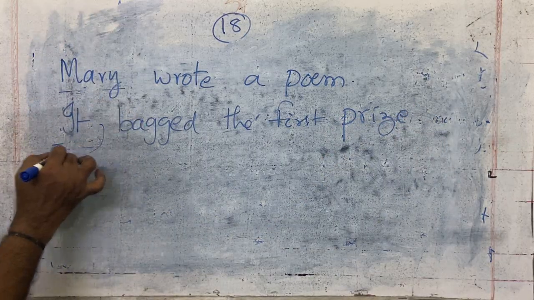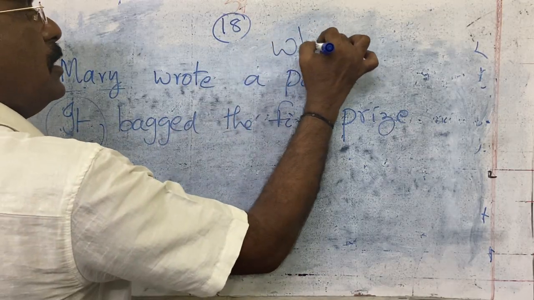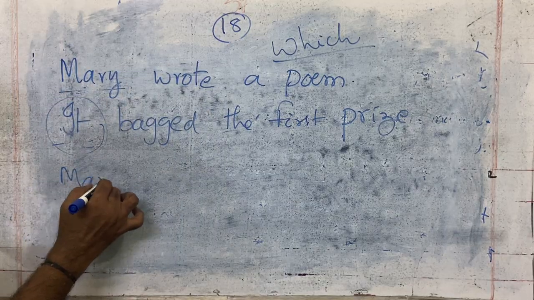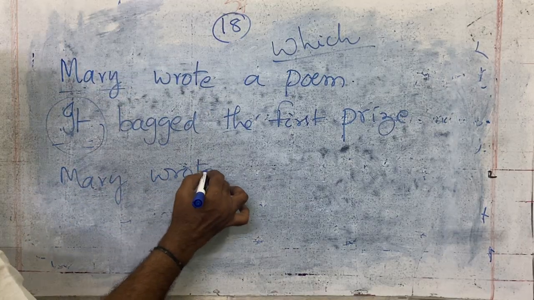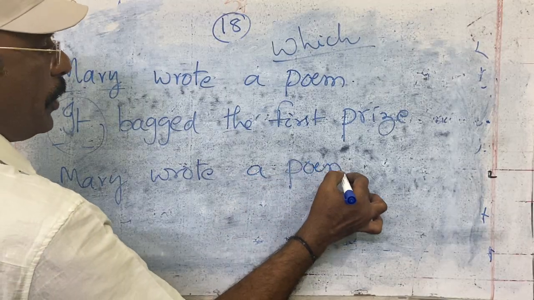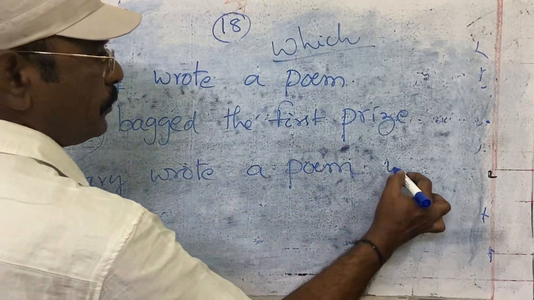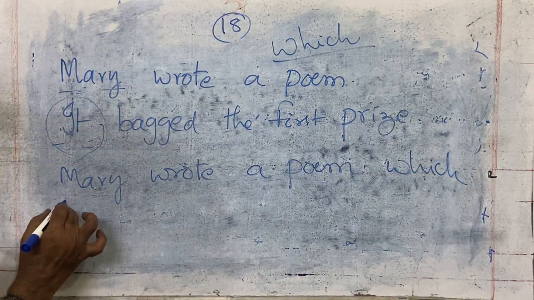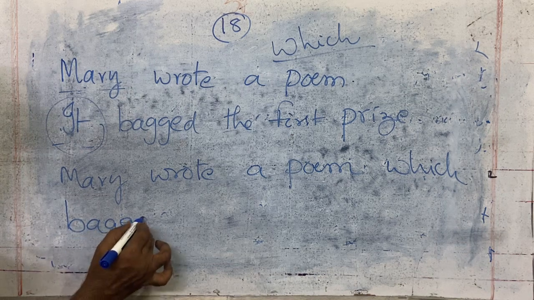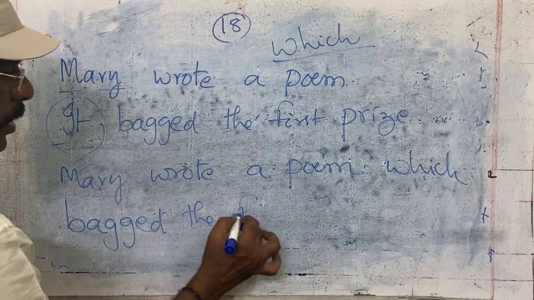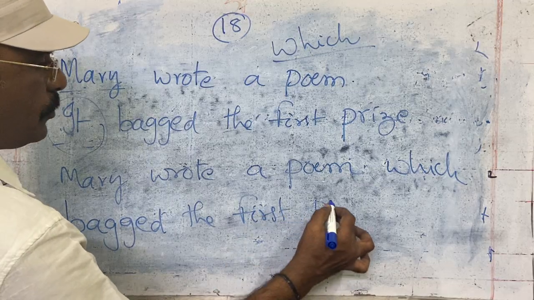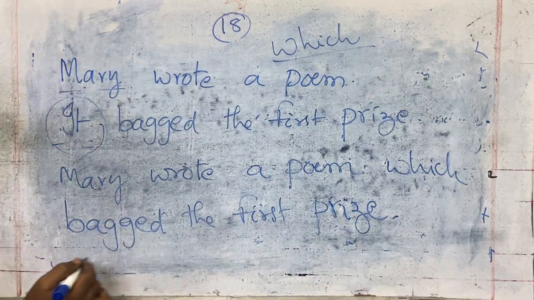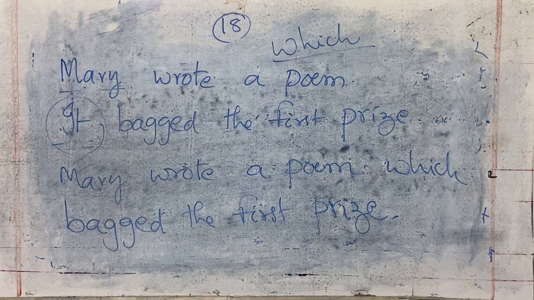Mary, it, different. So here it is coming. So what is the word here? Which. Mary wrote a poem which bagged the first prize. Which bagged the first prize. This is coming, so like that it is getting.